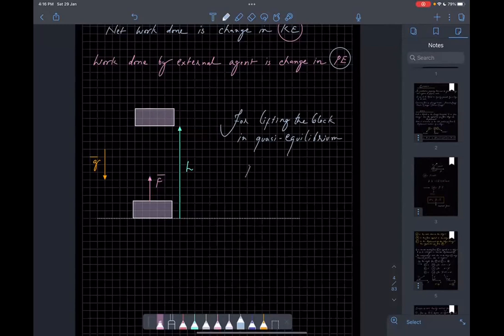So the magnitude of F must be equal to mg. If it is strictly equal, then it will not move at all, because the net force is 0 and it will remain at rest. But it is almost equal. Clear?